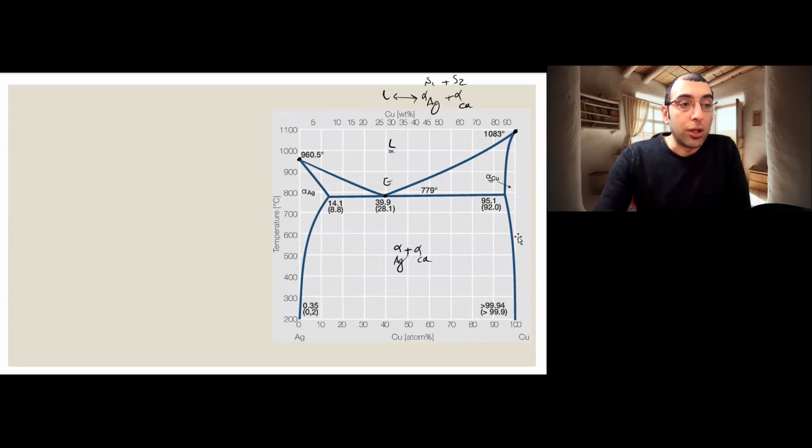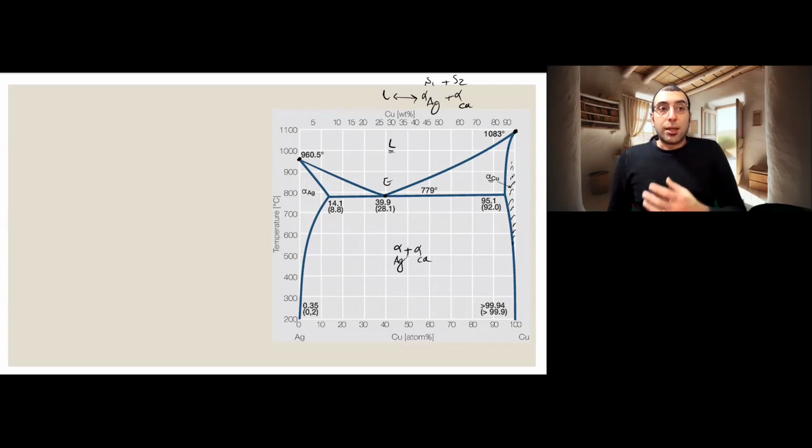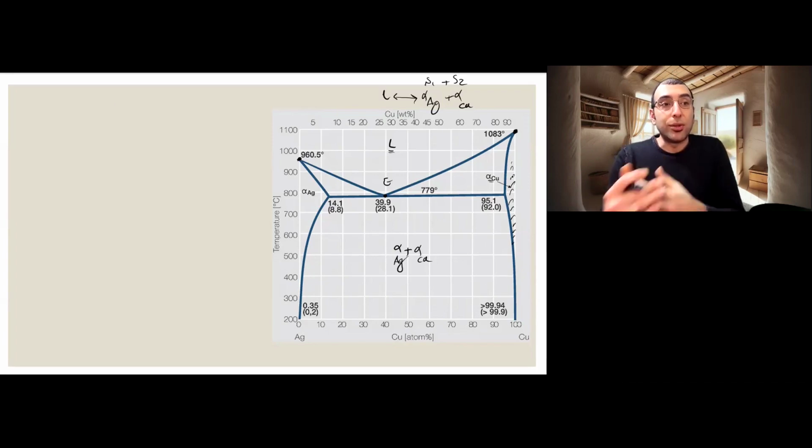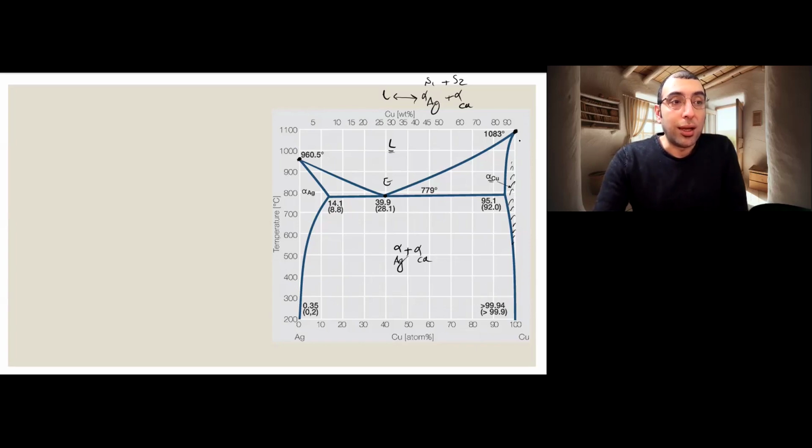The same on the other side of the phase diagram, when you are at 100% copper, that side, this region, is called alpha copper. It's a solid solution of silver and copper with some small amount of silver being added to it. And that tells you at which temperature, for what composition, you can still have single phase.